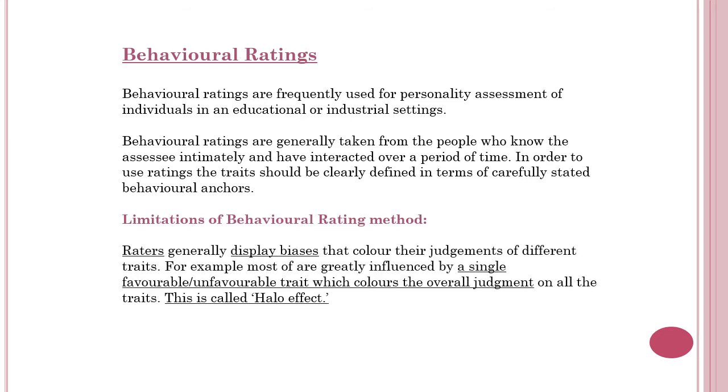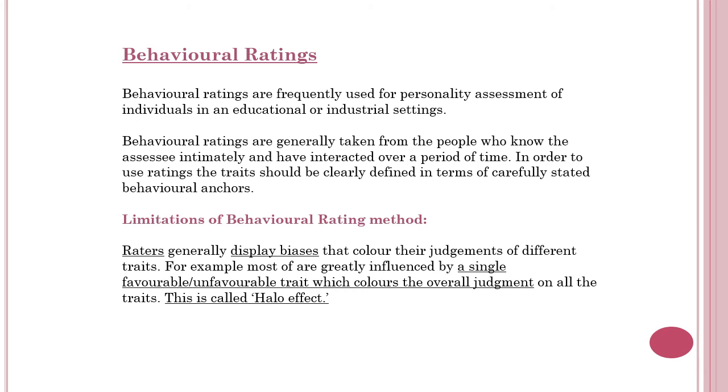Let's see. The first one is that the raters often display certain biases that color their judgments of different traits. If I have to give you an example, most of us are greatly influenced by a single favorable or unfavorable trait, and this often forms the basis of a rater's overall judgment of a person.